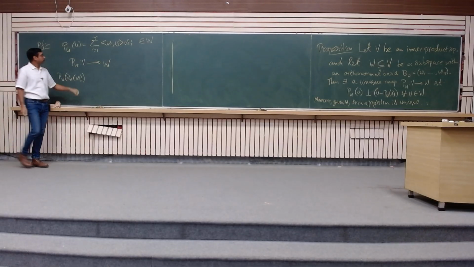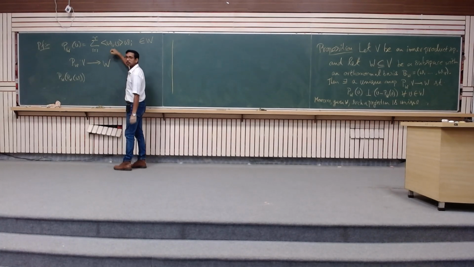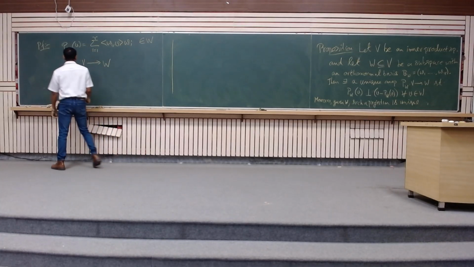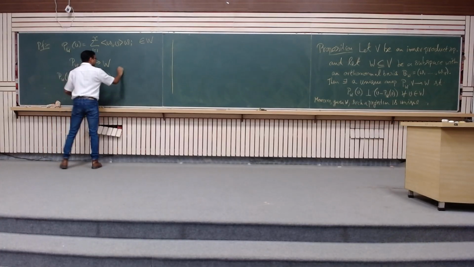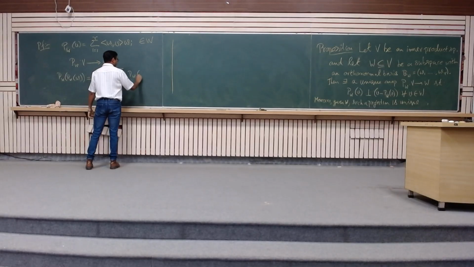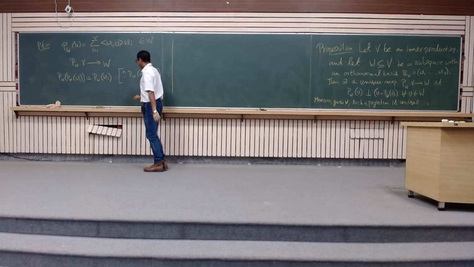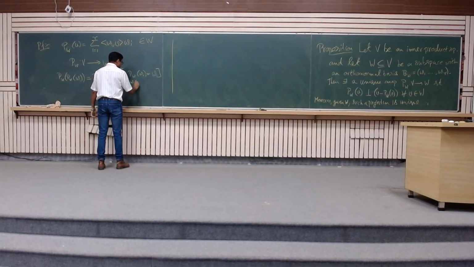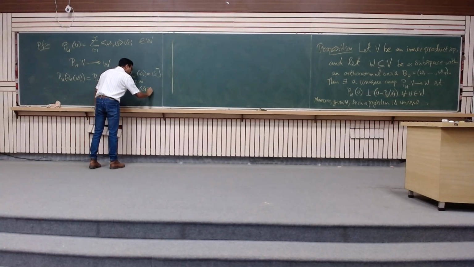So at first, P_W(w_i), that would do what? This v would be w_i, some element from the basis. So that would be 1, and that would give you just w_i, right? So P_W(w_i) is equal to w_i by definition. And in particular, for all w in W, this implies that P_W(w) is equal to w.